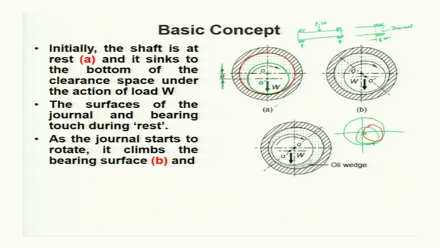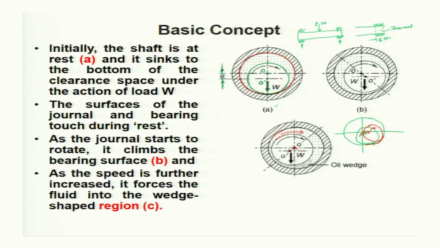So it is just rolling on the bearing surface as you give rotary motion to the journal or the shaft. As the journal starts rotating, it climbs on the surface of the bearing, and the center of the journal will move this way.